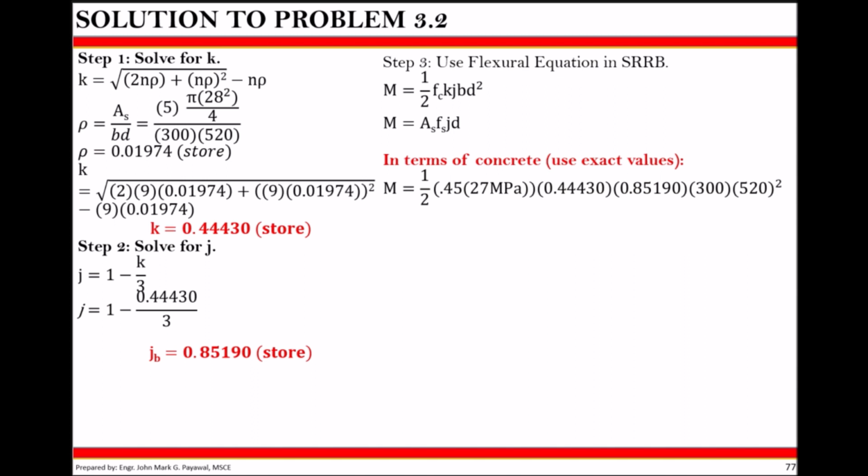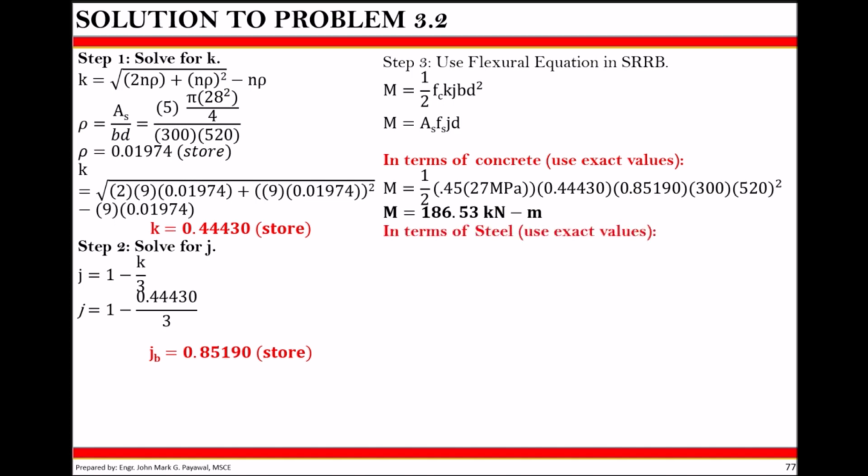See if you can get the correct answer for the moment capacity. 1/2 times 0.45 times 27, which is your Fc, multiplied by 0.44430, your K, multiplied by J times bd squared. This is your M in terms of concrete.